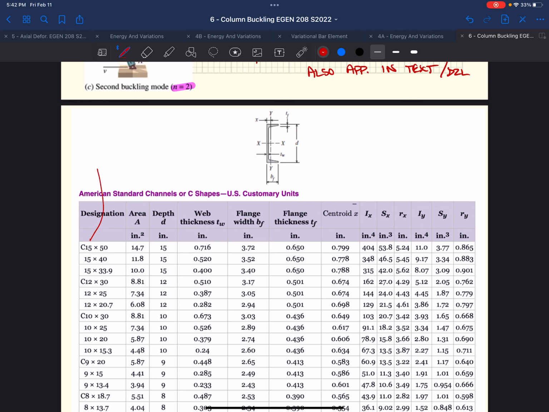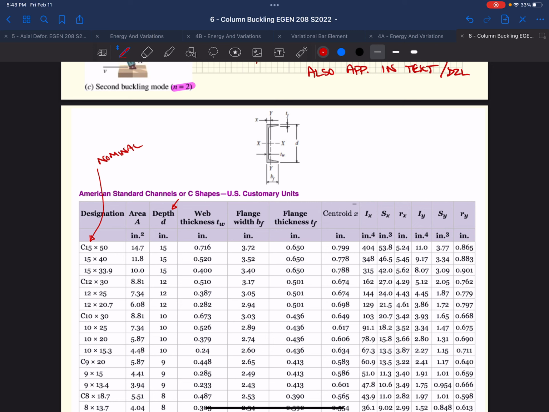So we have our C, which denotes it is a channel. 15 is our nominal depth, nominal meaning that all of the C15s have a depth that is close to or at 15 inches.